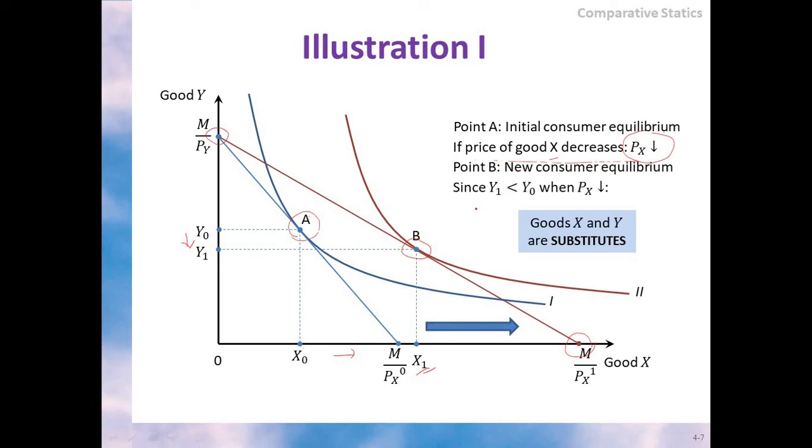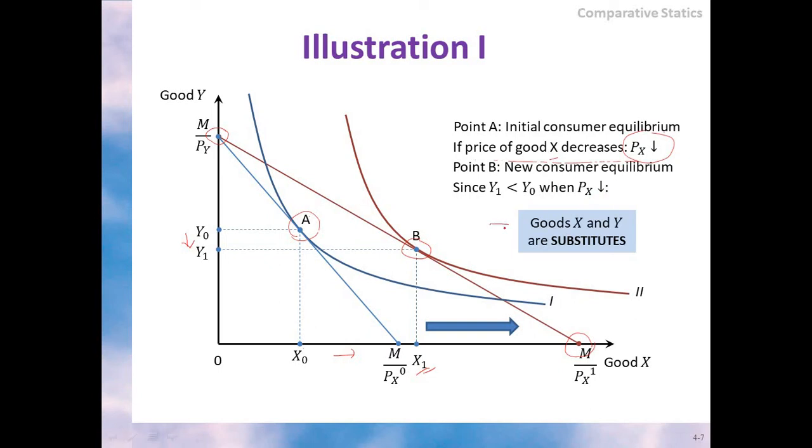This is basically to show that when the price of good X decreases, good X becomes cheaper, so the consumer will buy good X instead of good Y. That's why you can see here X increases and Y decreases as the price of X becomes cheaper.